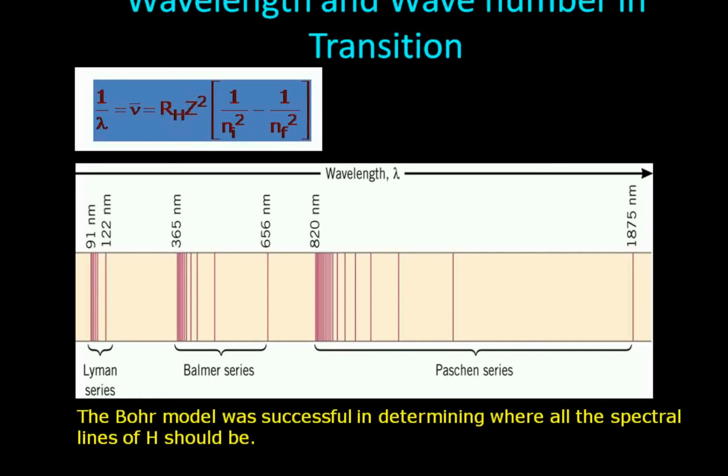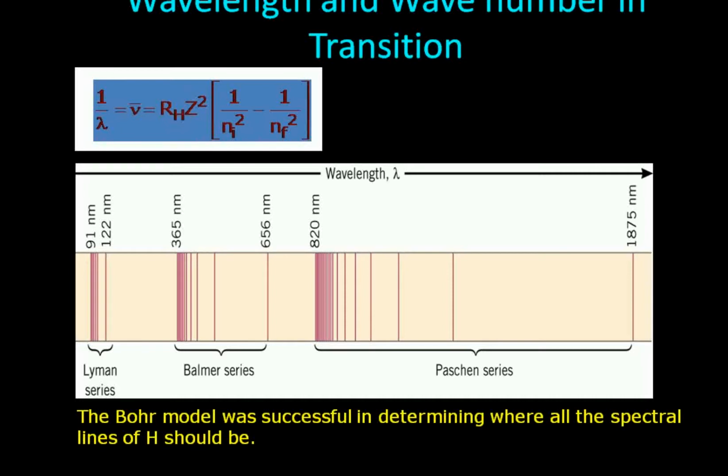The wavelength of radiations in different series, we have a chart here: in Lyman series the wavelength starts from 91 nanometer to 122 nanometer. In Balmer series it starts from 365 nanometer to 656 nanometer.